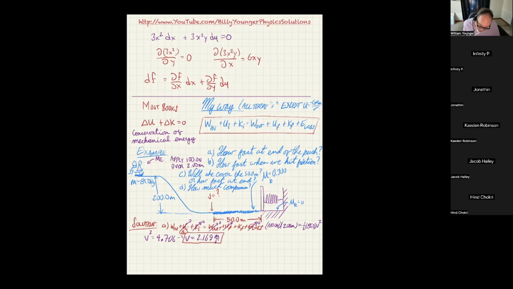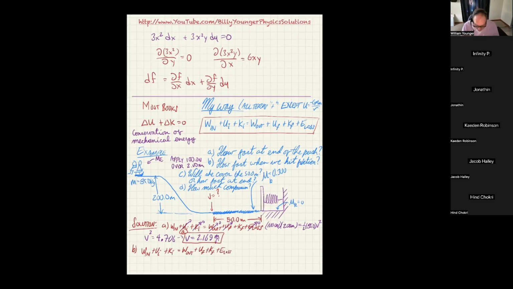Okay, part B is how fast when we hit the friction part. So for part B, what I'm going to do is write, again, work in plus U initial plus K initial is equal to work out plus U final plus K final plus E loss, like this.